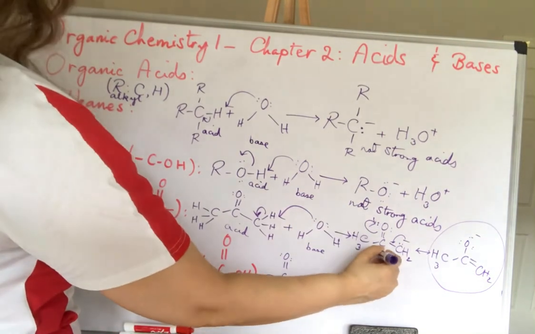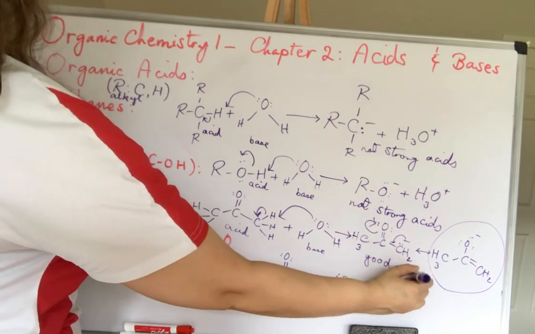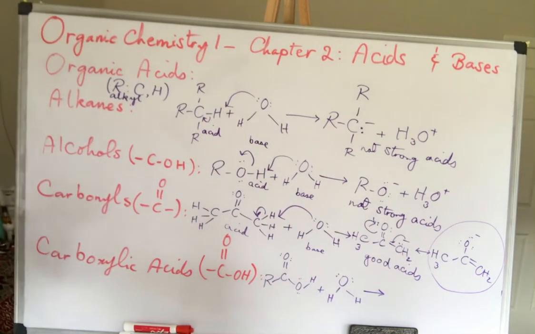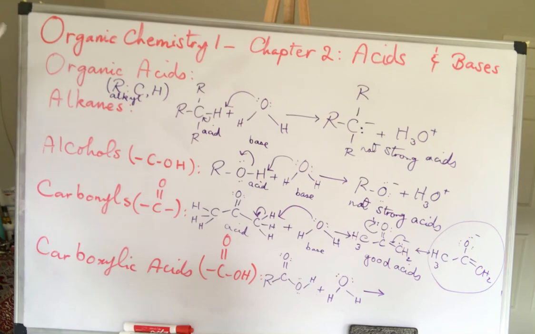So you can tell that the carbonyls are good acids. Compared to alkanes and alcohols, they are good acids because the anion can be stabilized by resonance.